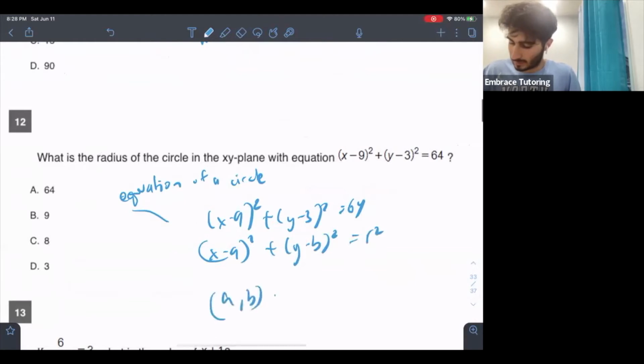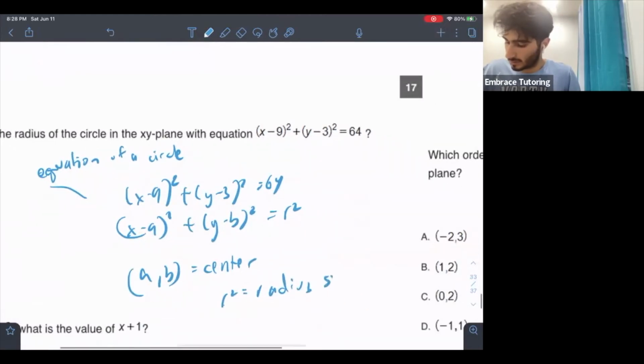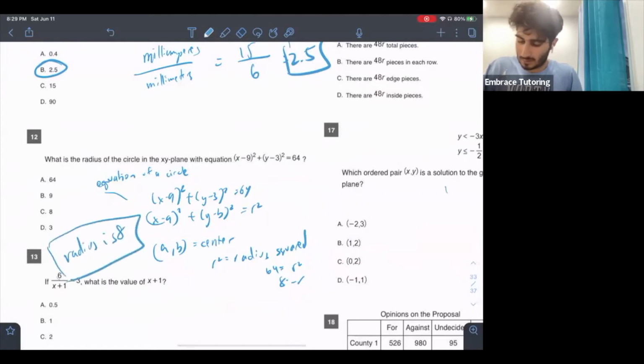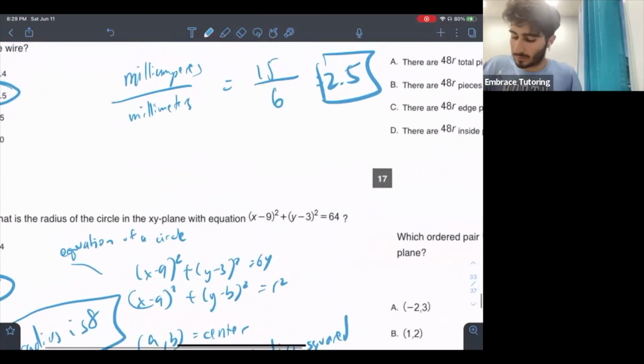A and b is the center, and r squared is the radius squared. Meaning if 64 is r squared, r is equal to 8, meaning that the radius is 8. Choice C.